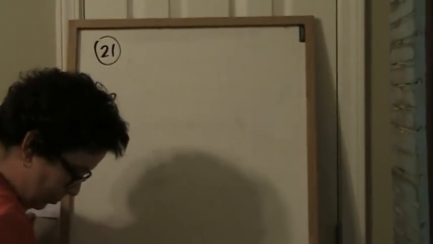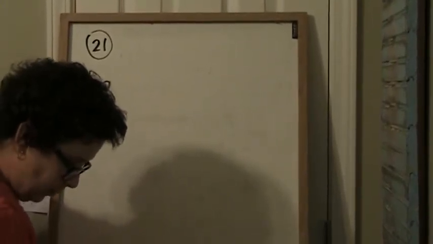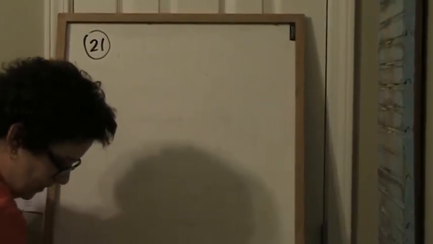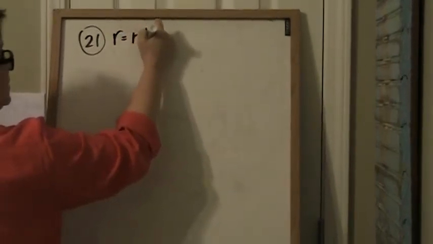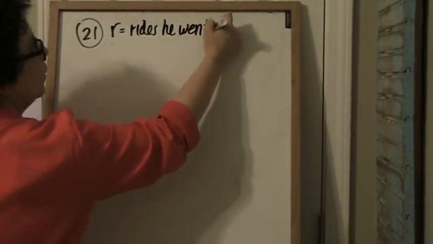Number 21. Marvin is going to the fair and paid 75 cents per ride. If he spends $13.50, how many rides did he ride? Use an equation to solve and then check your answer. Okay, so R is going to be how many rides he rode.